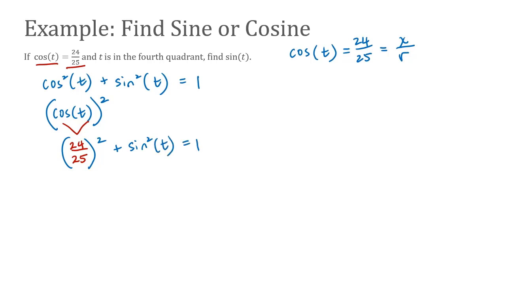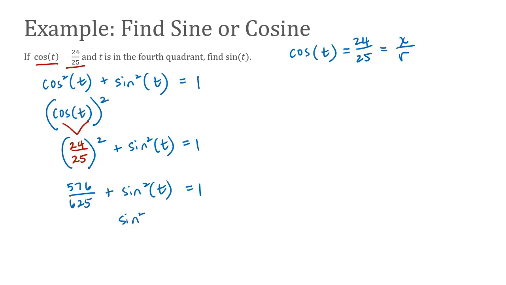So I'm going to put into my calculator 24 times 24, which is 576, and 25 times 25, which is 625. And I'm going to write this out again, because I want to make sure I'm showing all my steps. Then I'm going to subtract 576 over 625 from 1.